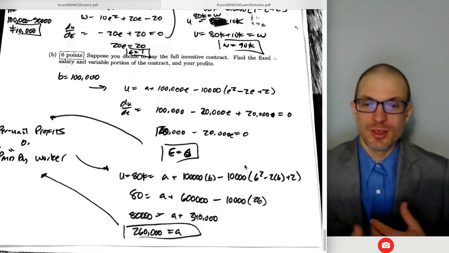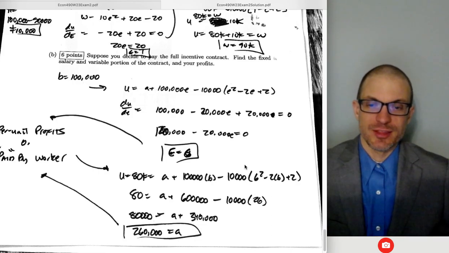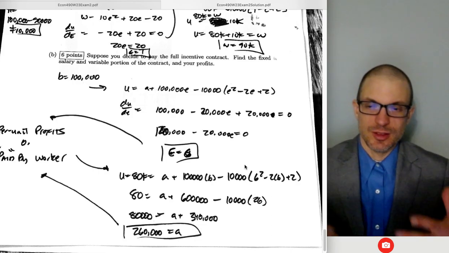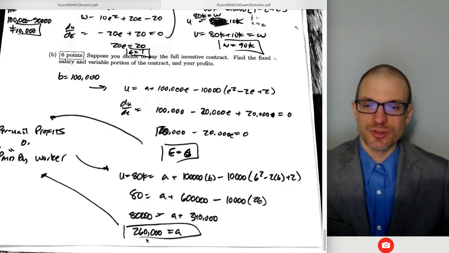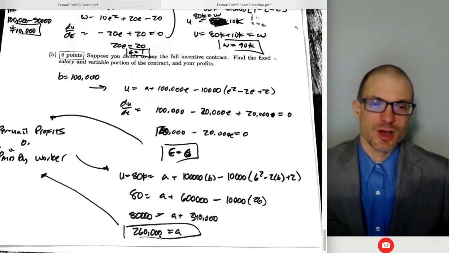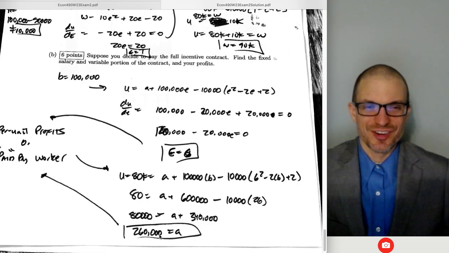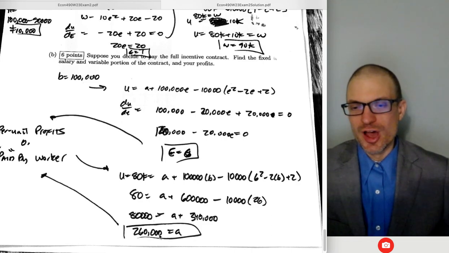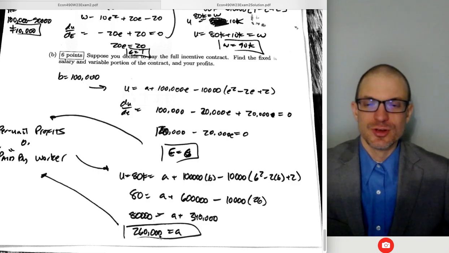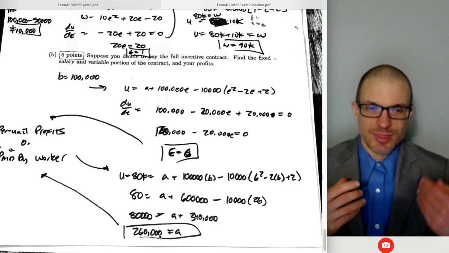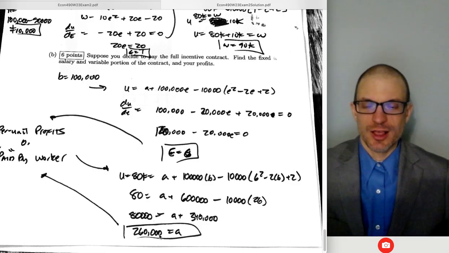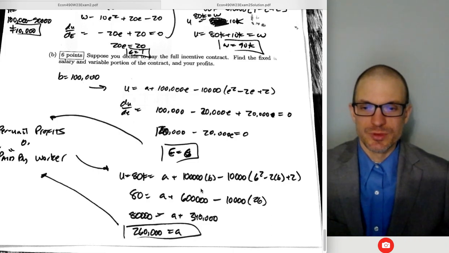Without the workers being there, we wouldn't be able to have that. And so that's one of the places we could talk about this 260,000 coming in. It's not literally the workers writing us a check for $260,000. No, it's that they're giving us this value, and then we're giving them 100,000 back for everything they sell, which in total will be 600,000.